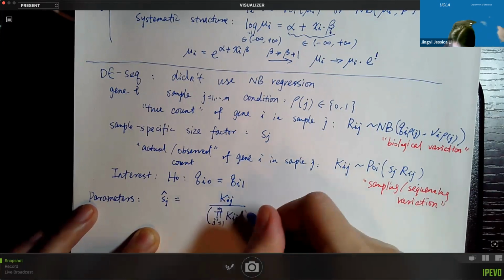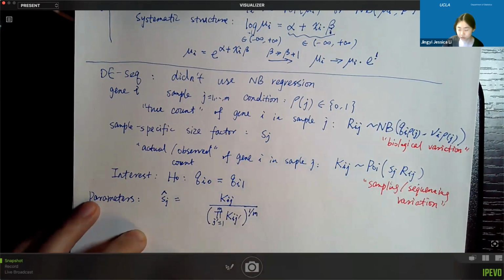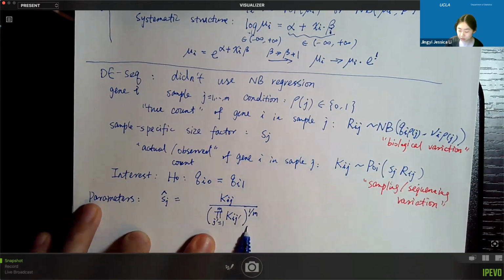For this product, I then take the Mth root. So this is what we call the geometric mean of gene I across samples.